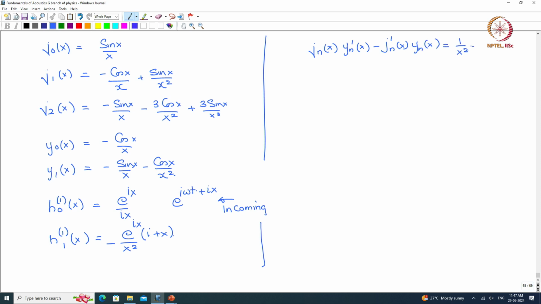We need this at some point. Then Jn of x Hn dash 1 of x minus Jn dash of x Hn 1 of x is equal to i over x square.